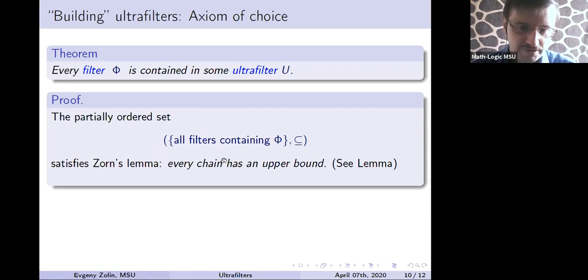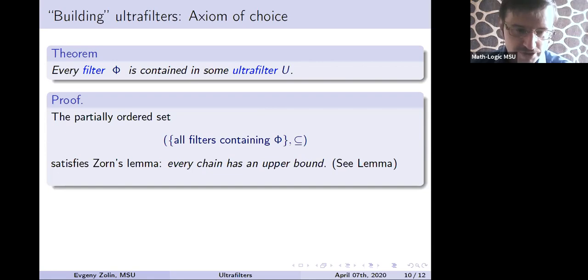We know from our lemma about unions of chains that we can simply take the union of filters in a chain, and this will be a filter that is bigger than all elements in this chain. So we have already proved that this partially ordered set satisfies the condition of Zorn's lemma.